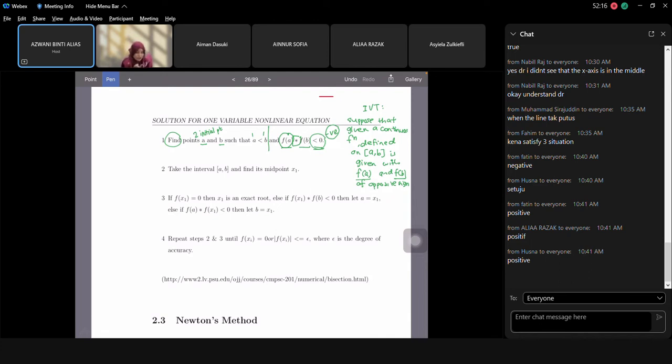So it means the values of FA and FB should have opposite signs. Okay?